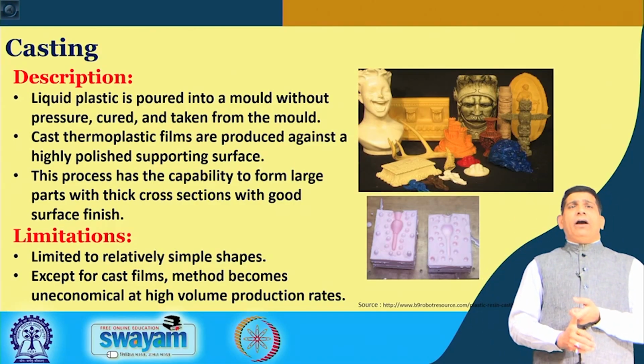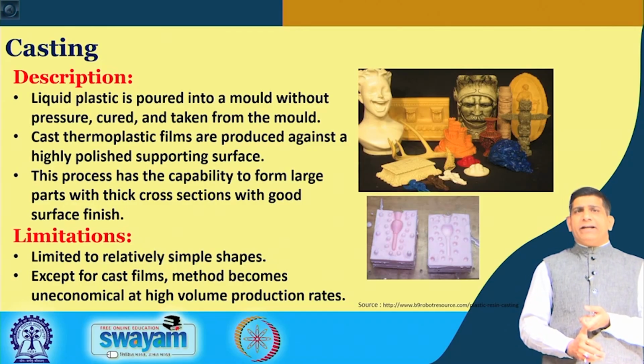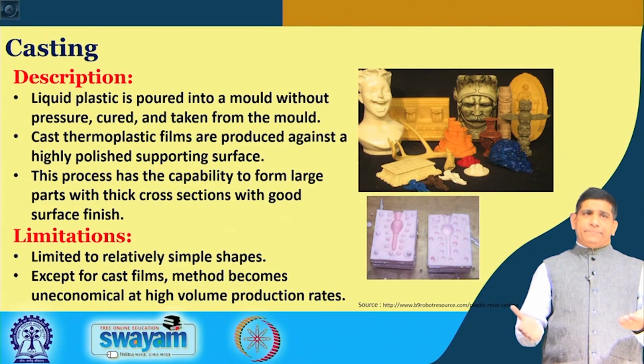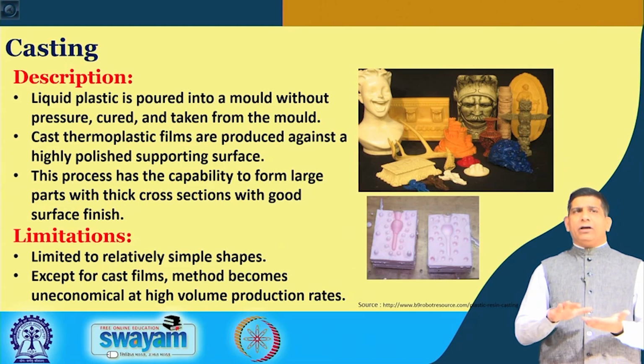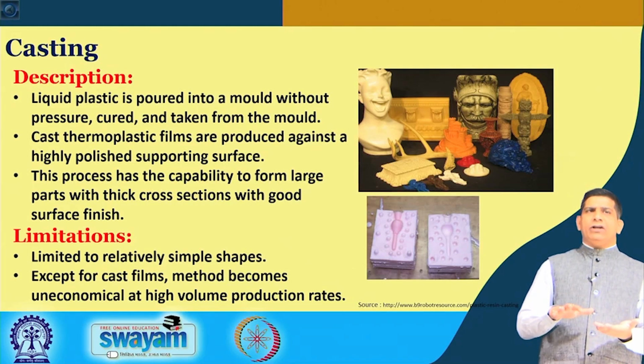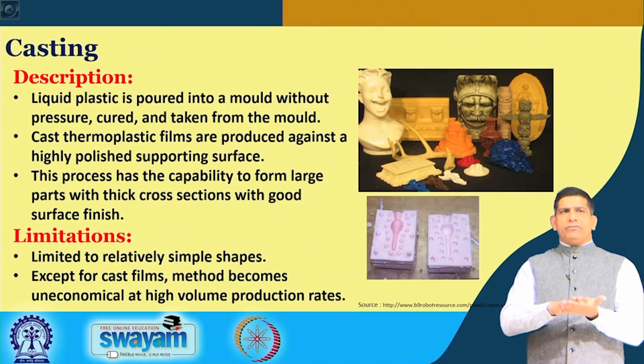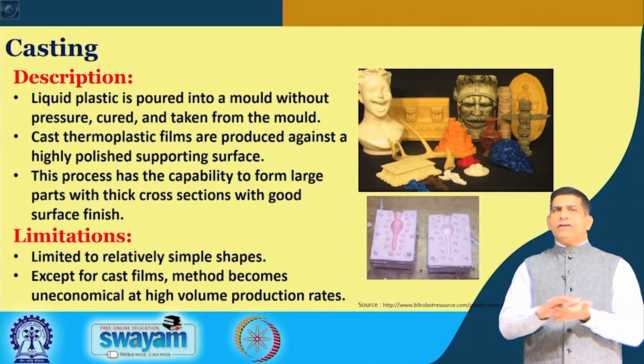So, here in any casting, as we know, we have to first make it liquid. So, you will have a liquid plastic which will be poured into the mold, and here without pressure, cured parts are taken from the mold. So, you just put it into the mold, then you put a thermoplastic film as a high polished supporting surface. This process lets you make a large part with thick cross section with good surface finish.